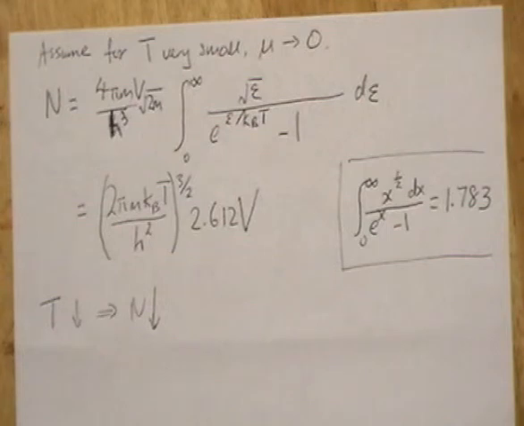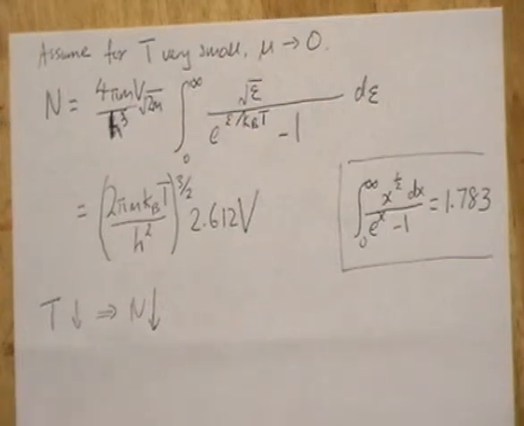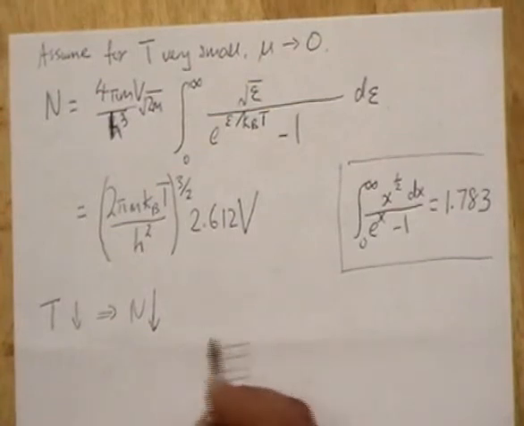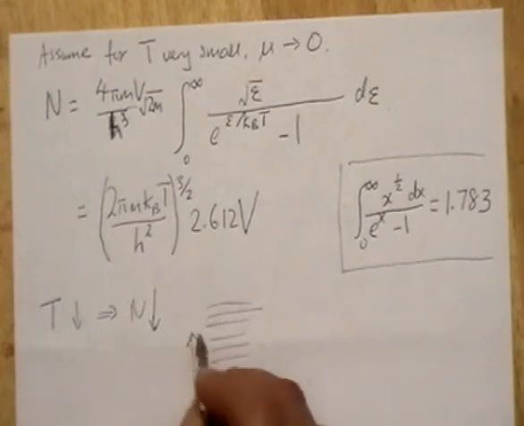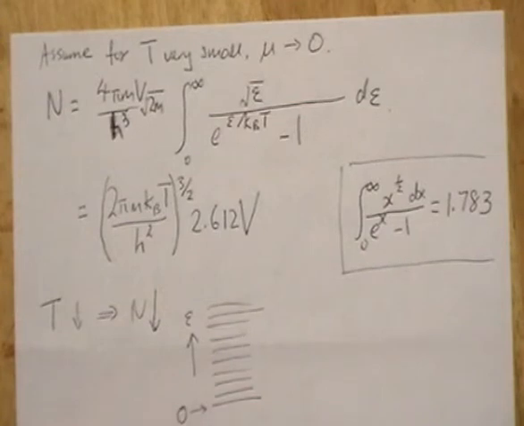What does that mean? So let me draw the energy levels. That's the energy, and that's the ground state. That's the state where E is equal to 0.